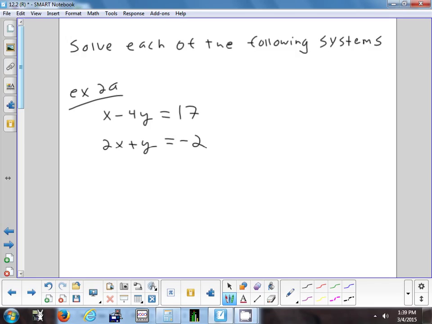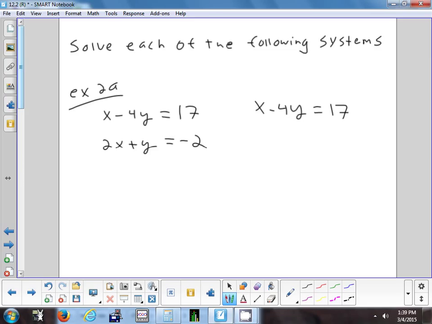Yeah, I like that idea better. Start with the top equation. But guys, understand that you don't have to use the top equation. If you can get a variable by itself on the left-hand side of the equal sign with the bottom equation, that's fine too. There are a ton of different ways you can do these.